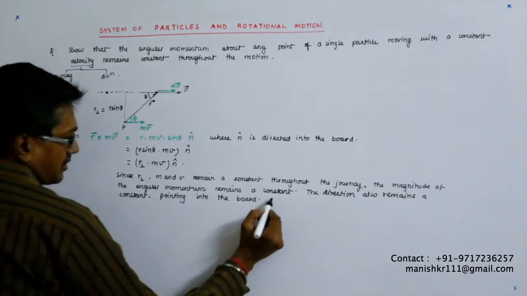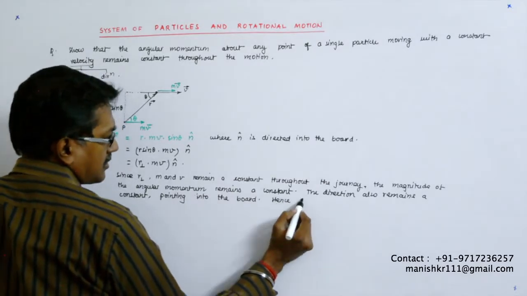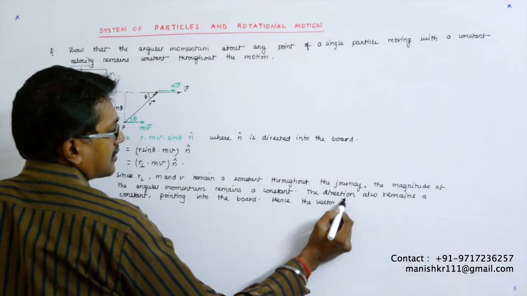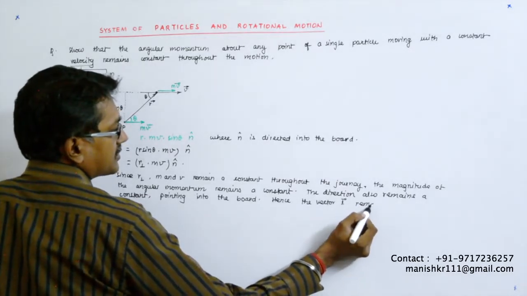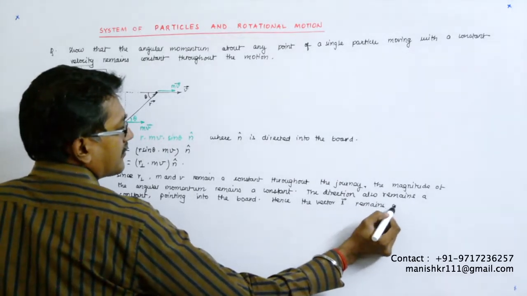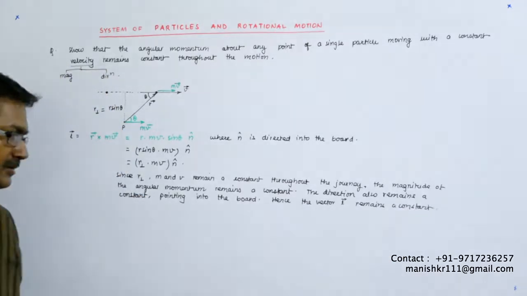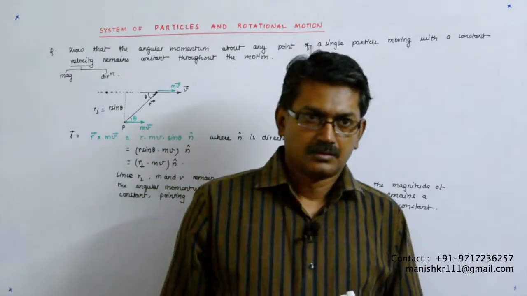Hence, the vector L remains a constant. Correct? Do we get that? Okay?